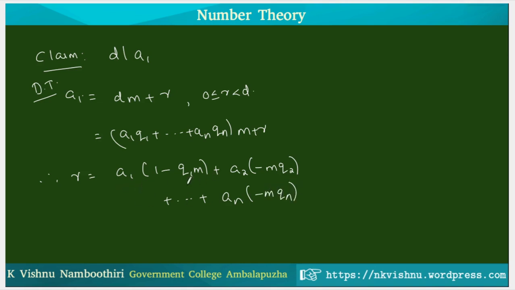But note that this is a linear combination of a1, a2, etc., an, and r is greater than or equal to 0. If r is greater than 0, then it is a linear combination of the ai's, and therefore r belongs to S. But r is less than D, and D is the least. That's a contradiction.